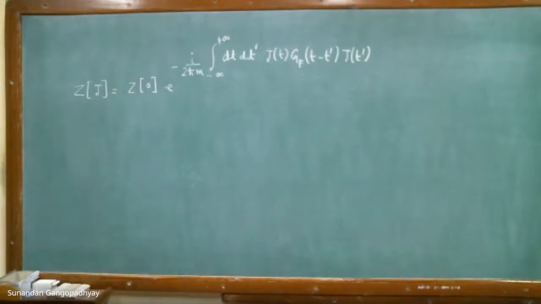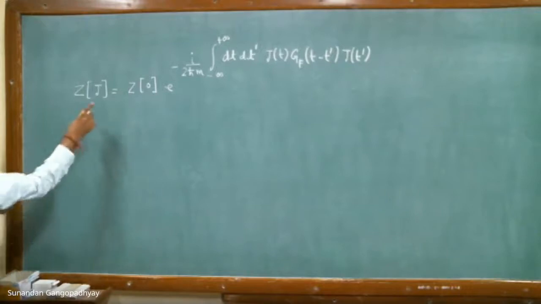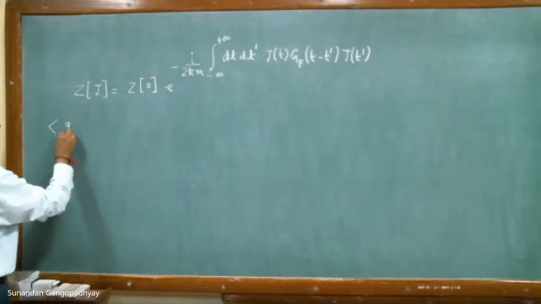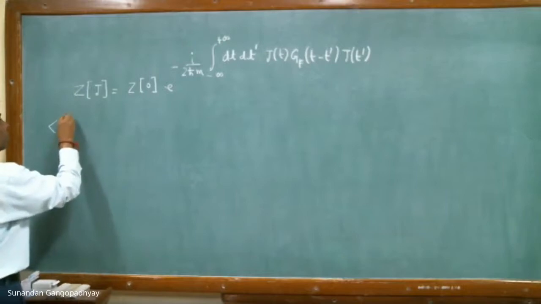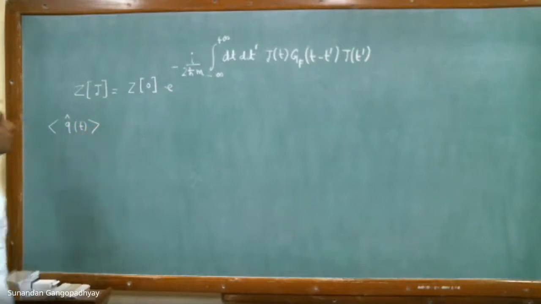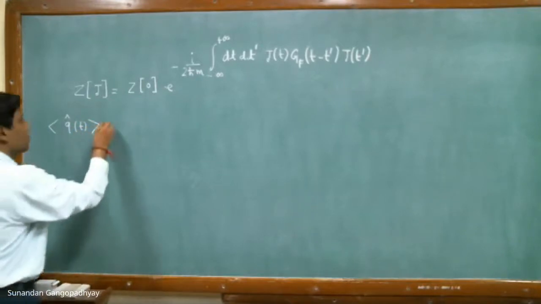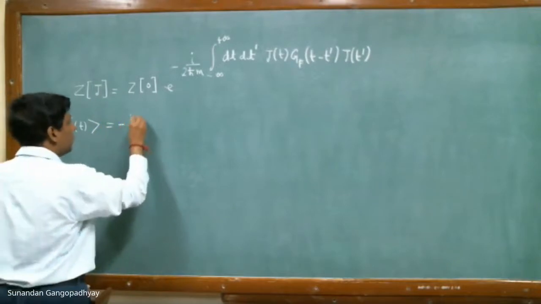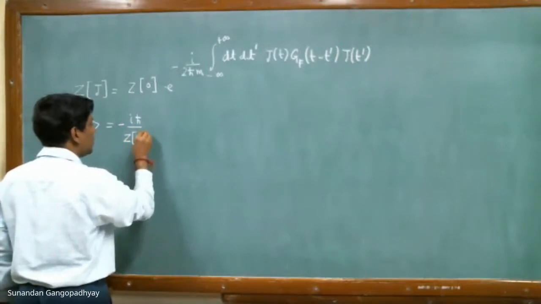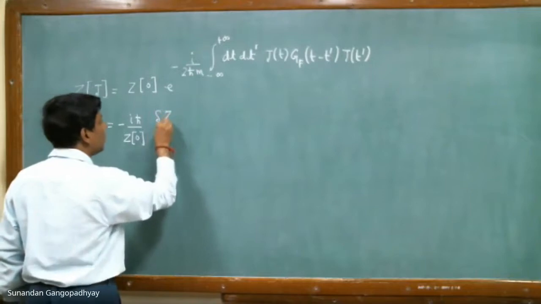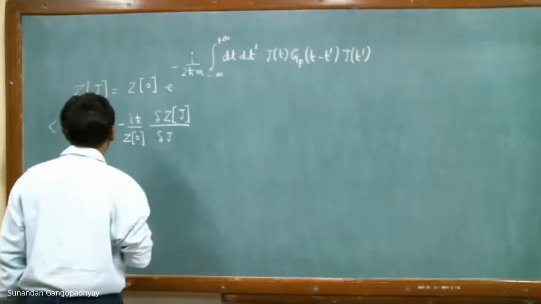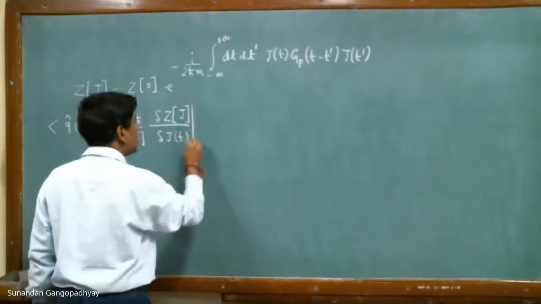quantum harmonic oscillator. And what we had seen was that if you calculate the expectation value of Q hat of t, this is minus i h bar, 1 over Z0, delta Z of J by delta J of t, evaluated at J equal to 0.